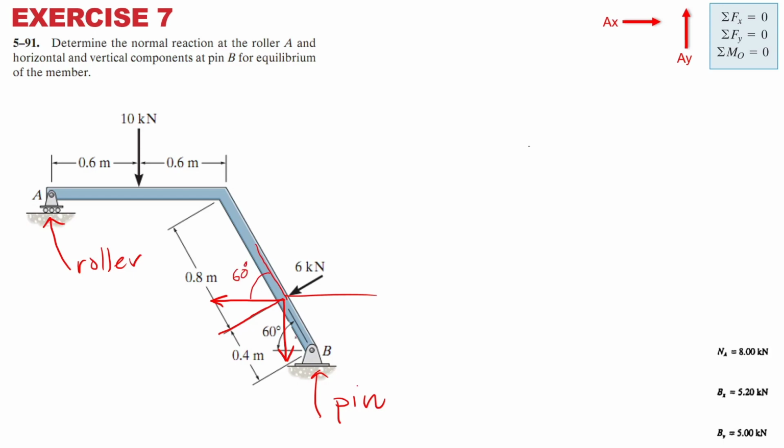And if 90, here is 30, right? 30 degrees. So both components. The 6 kilonewton in the middle, this is 6 cos 30 degrees. Definitely the other one is 6 sin 30 degrees.